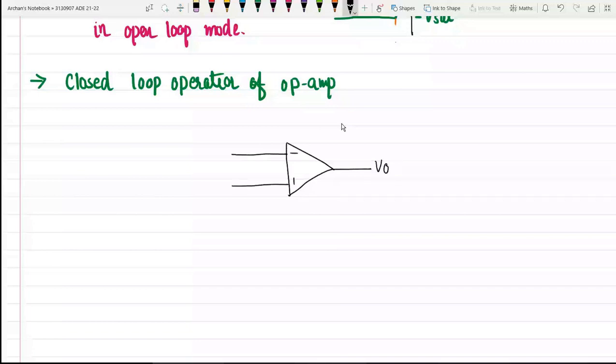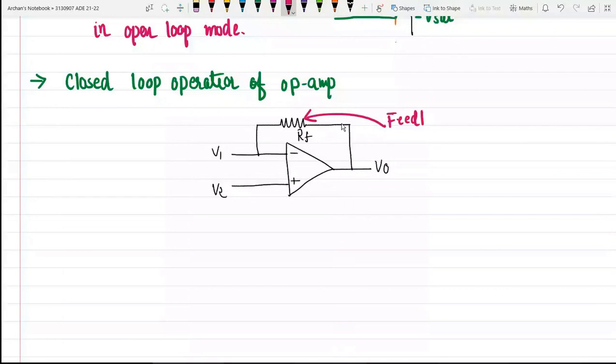Now what I am doing is providing one resistor, which is called the feedback resistor RF. So this is the feedback resistor RF.